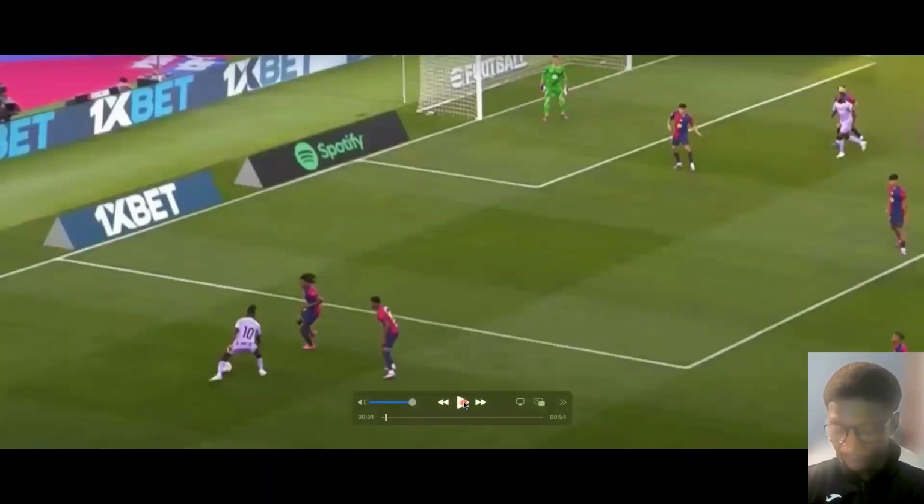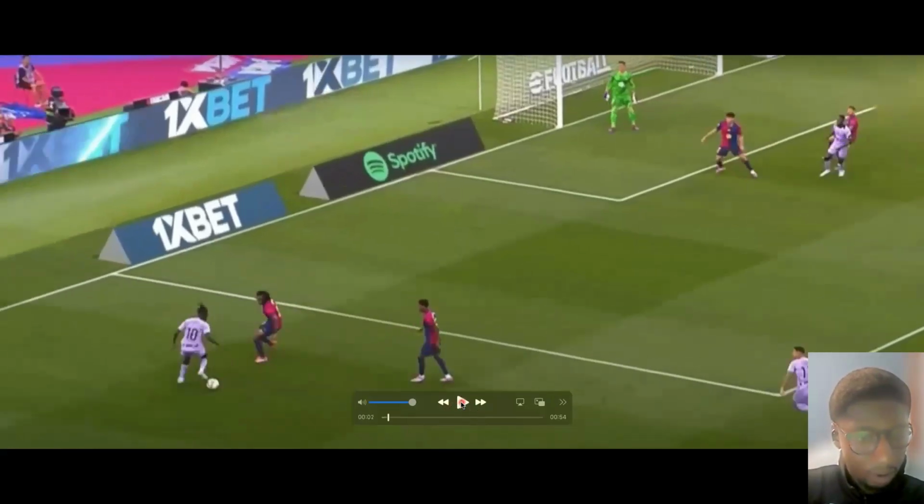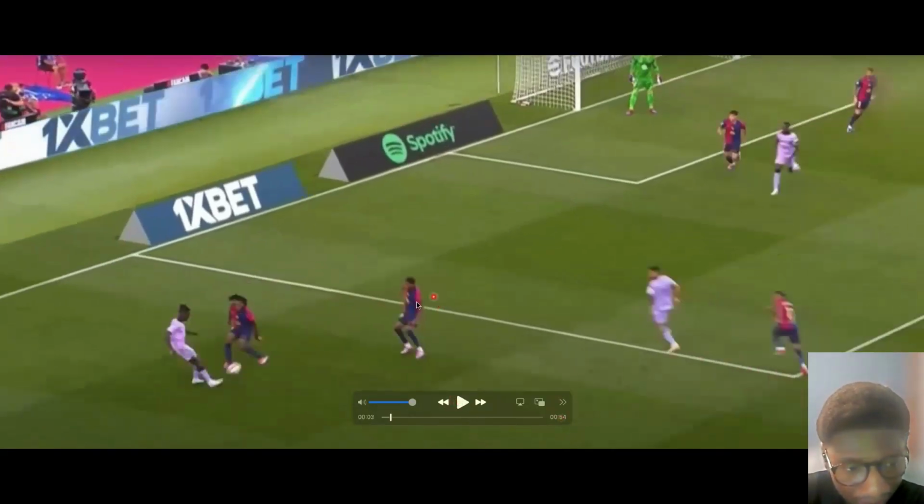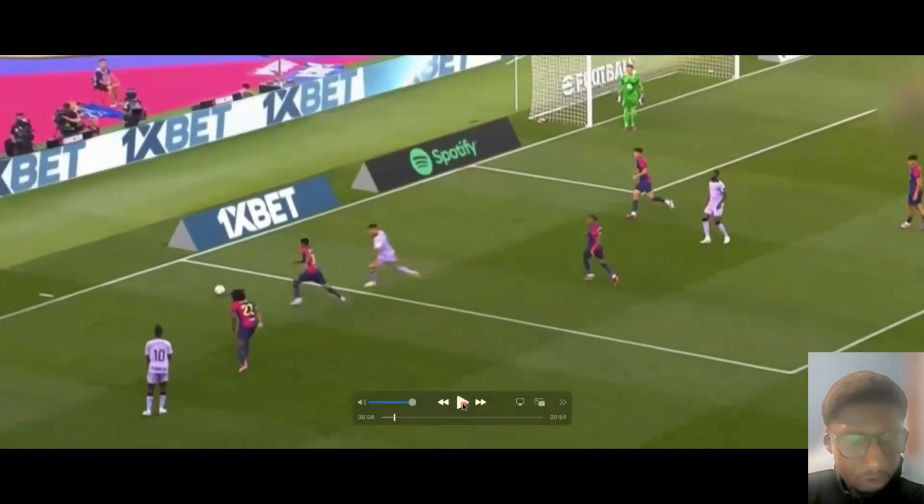So we'll have a little go at having a look at that again. So from the clip now, if we look at it now, Jules Koundé, as I'm saying about supporting, you've got Rafinha here, the right-sided winger, and then who have you got here? Is that Yamal? Yeah. So looking at blocking across.